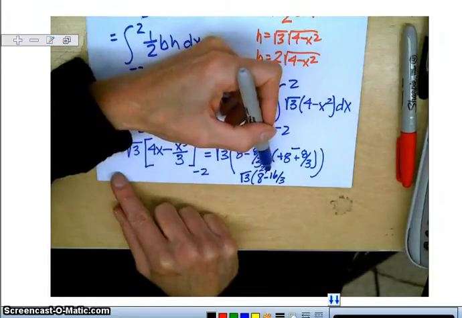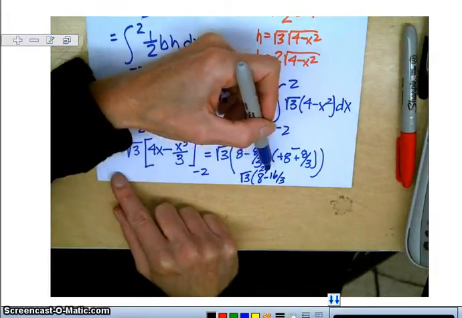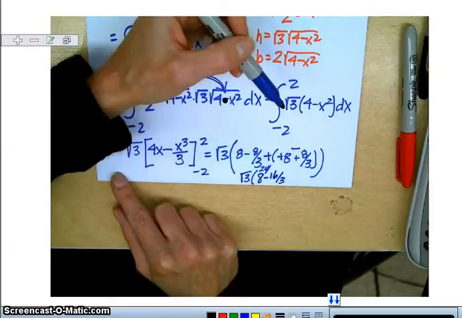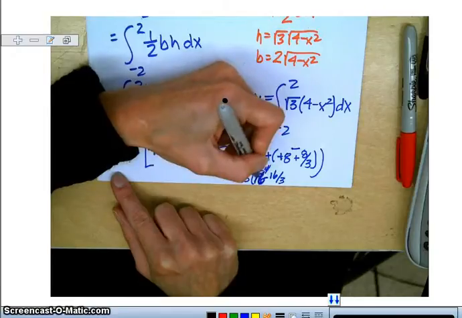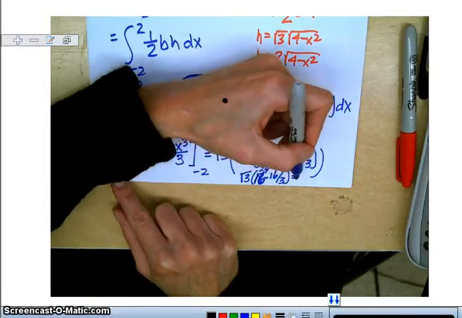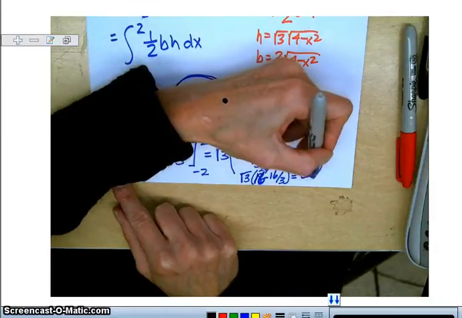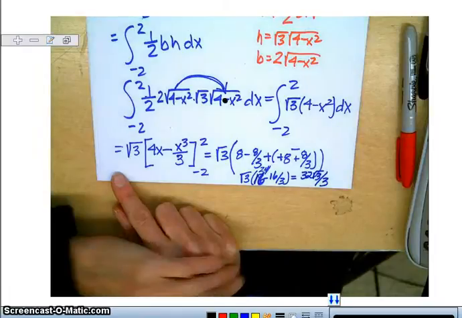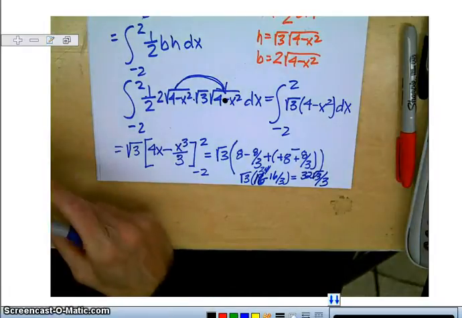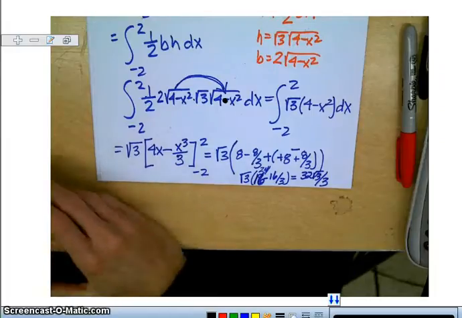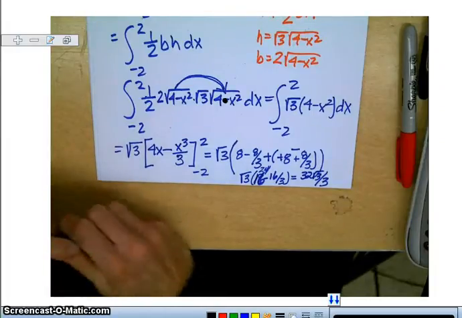Well, it'd be 16 minus 16/3, because it's 8 plus 8. Oh, yes, thank you. 16 minus 16/3, so 48/3 minus 16/3 is 32/3. Yep. So 32 radical 3 over 3. Don't forget that radical.